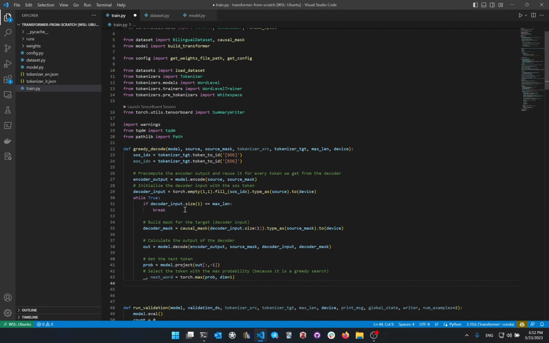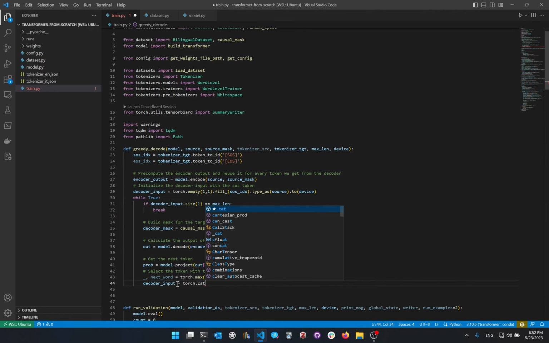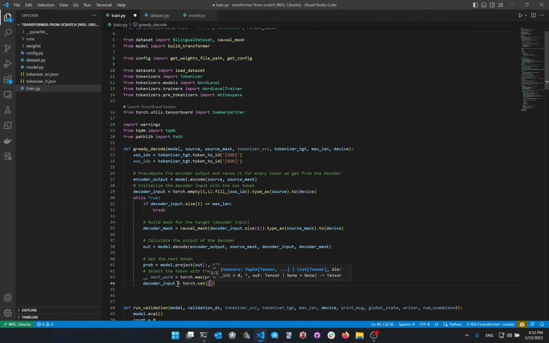And then we get this word and we append it back to this one, because it will become the input of the next iteration. And we concat. So we take the decoder input and we append the next token. So we create another tensor for that.